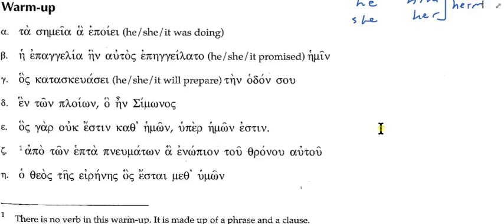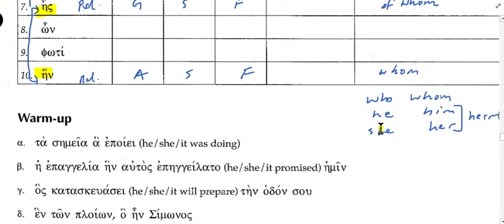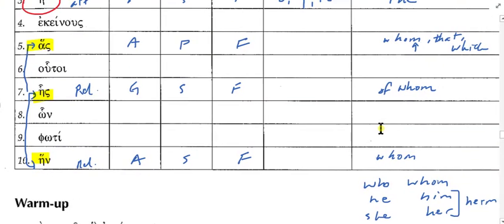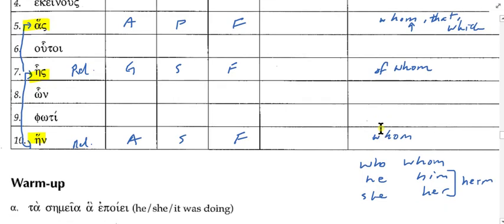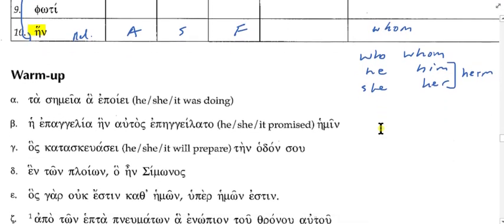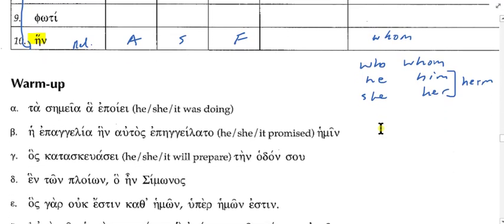Number 9. Yeah. Just a question on the gender. It's dative singular from OT. But, I mean, I got that wrong, so I guess the answer is neuter. Yes, that's right. So when you learned this vocab word, it was phos.